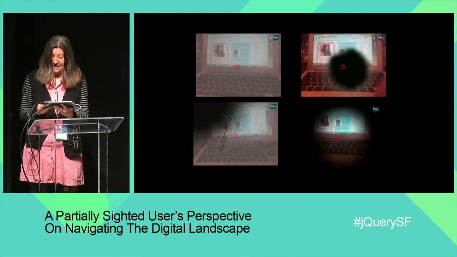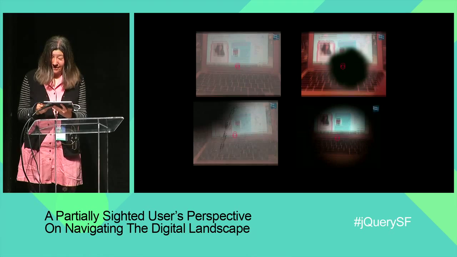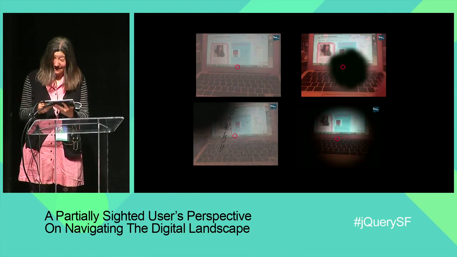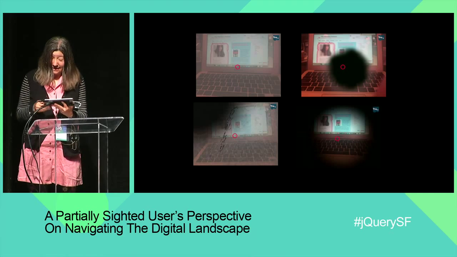On this slide, you see 4 versions of my computer. I took pictures of my laptop screen and keyboard, and they are 4 different perspectives, basically things that you will see.